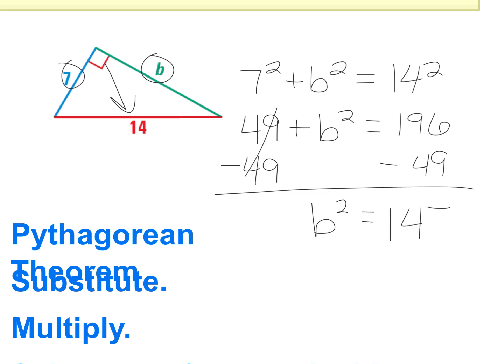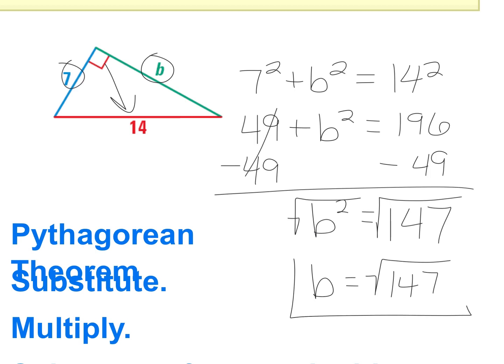What's my last step to get b by itself? Square root. Take the square root. What is the square root of 147? 12.1. Right. So if you get a decimal or a fraction, depending on what kind of calculator you have, we are just going to keep it as a square root. Okay? Just keep your answer as a square root.